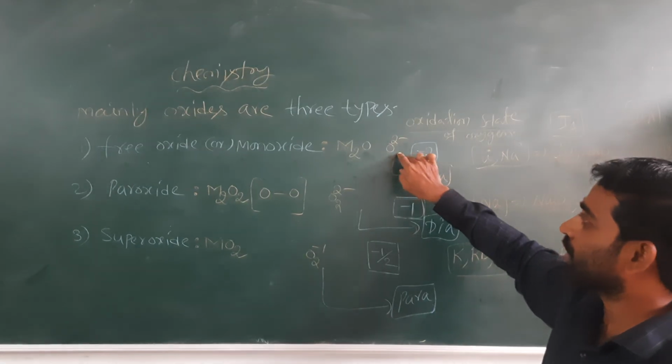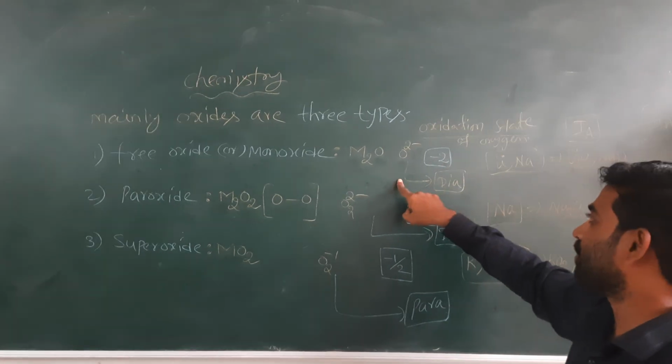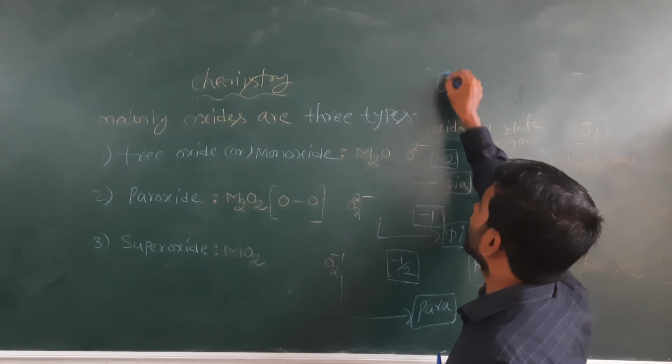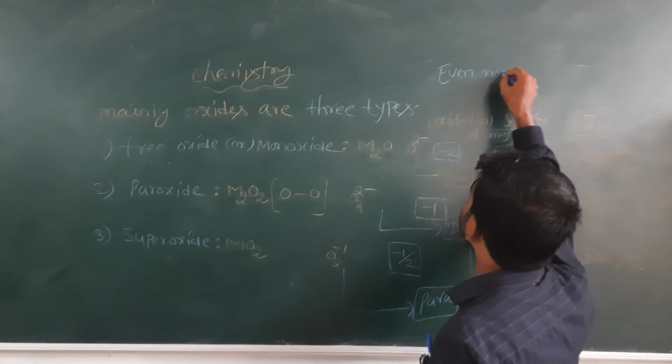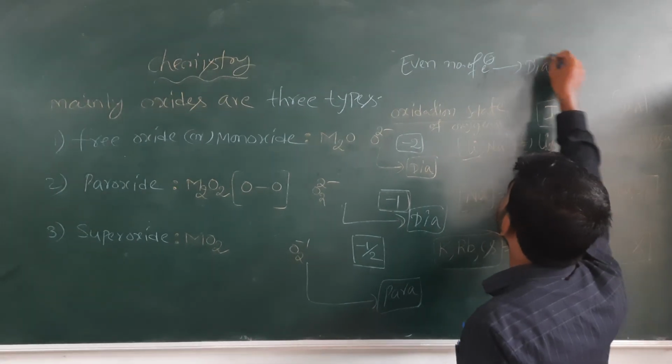How do we determine the magnetic nature? The simple tip is that an even number of electrons gives diamagnetic nature.